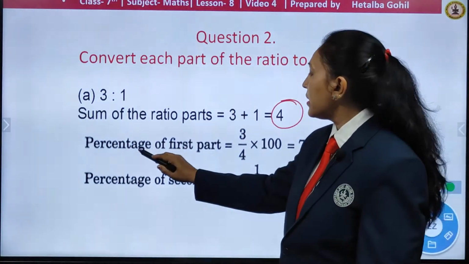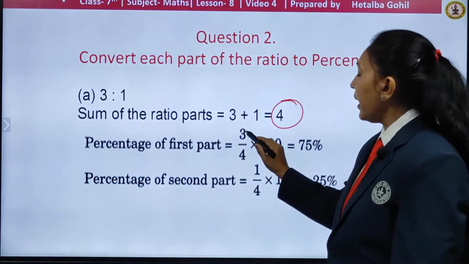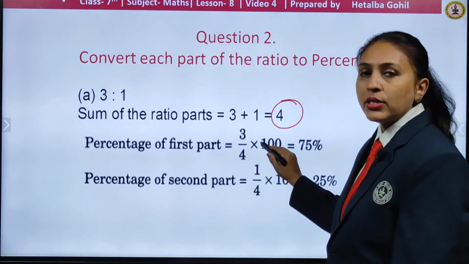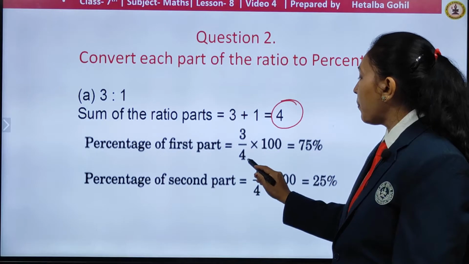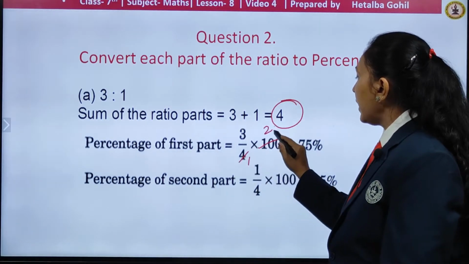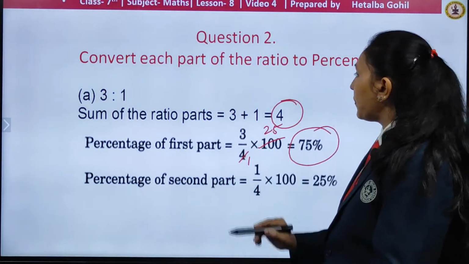Now, finding the percentage for the first part, that is 3. So, 3 upon the total parts, that is 4. For percentage we always multiply by 100. So, 3 upon 4 into 100. 4 ones are 4, 25s are 100. So, 25 into 3, we get 75%.